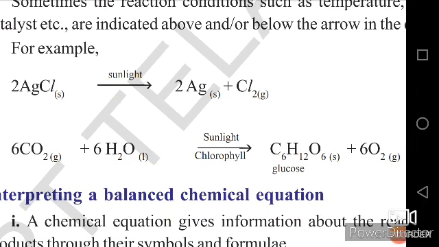So only green plants produce food. Why? Because only green plants have the green pigment known as chlorophyll.